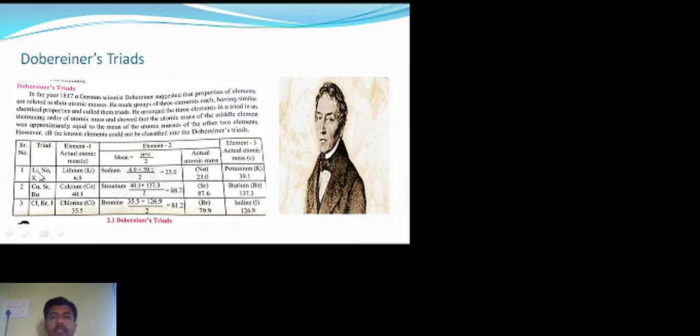Look at this example: lithium, sodium and potassium. Dobereiner believed that the properties of elements are related to their atomic masses. He made groups of 3 elements showing similarities in their properties, and said that the atomic mass of the middle element is approximately equal to the mean of the other 2 elements.